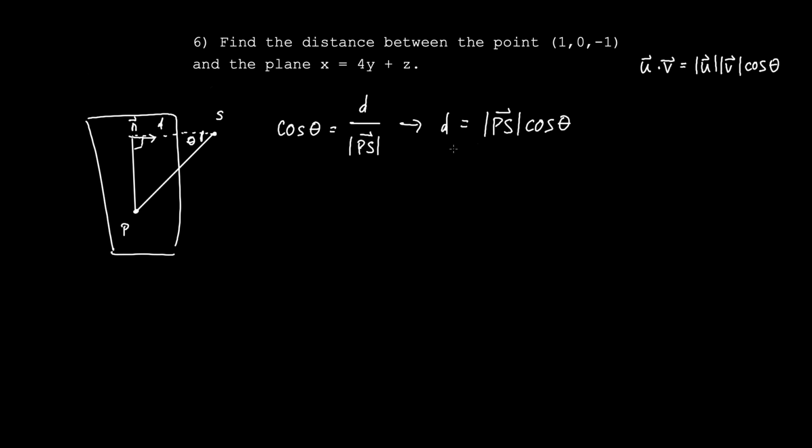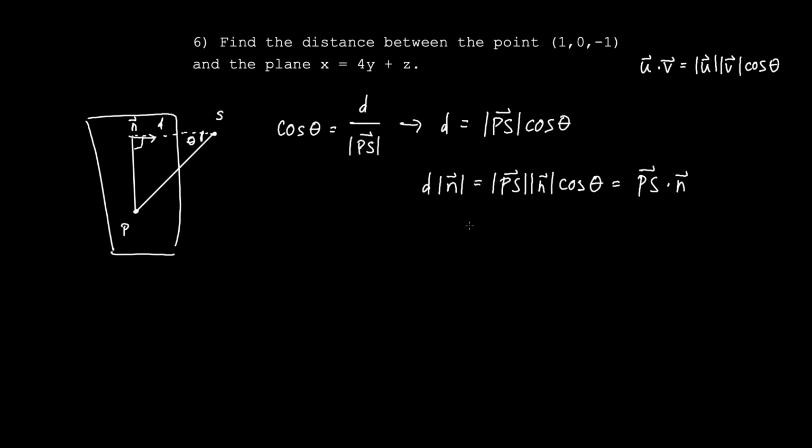If we multiply both sides of this equation by the magnitude of the normal vector n, then we get the distance times the magnitude of n is equal to the magnitude of PS times the magnitude of n times cosine theta. And this is equal to the dot product between the vector PS and the normal vector n, like so.